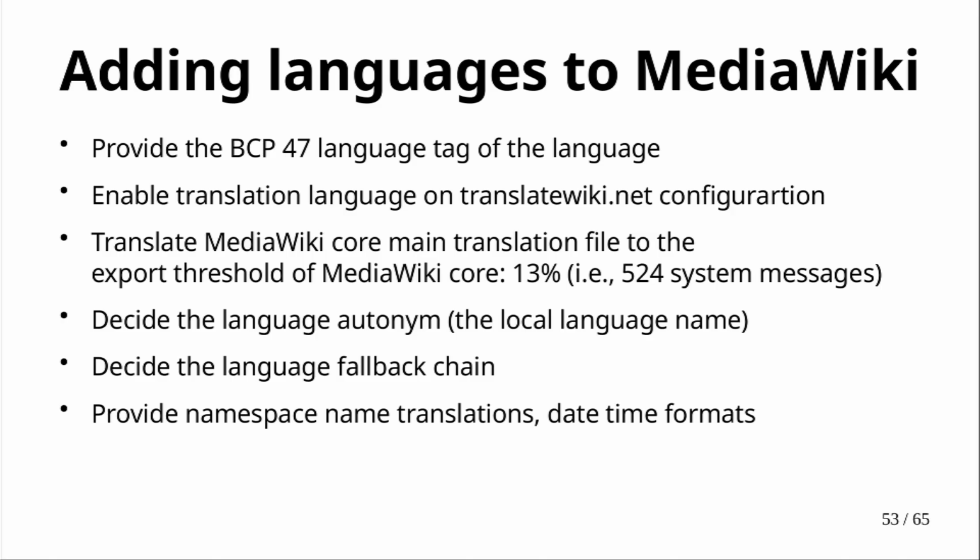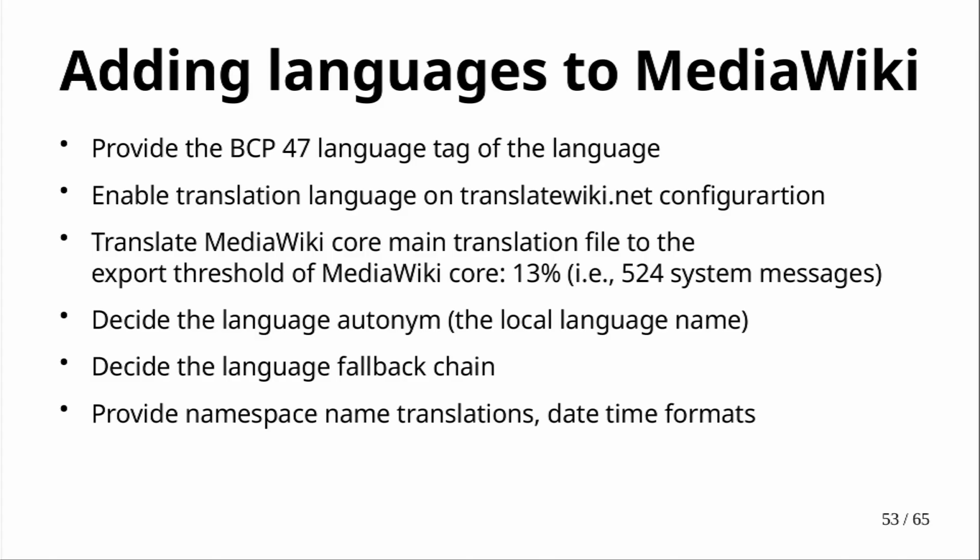What is the autonym? It means the language name in that language. So how does that language call itself? Like we say 中文 or 华语 in Chinese, in Mandarin. Just like we say, we're speaking English, in English.